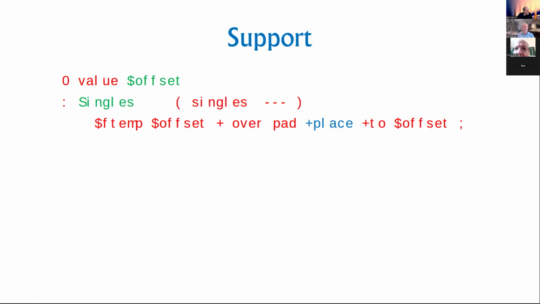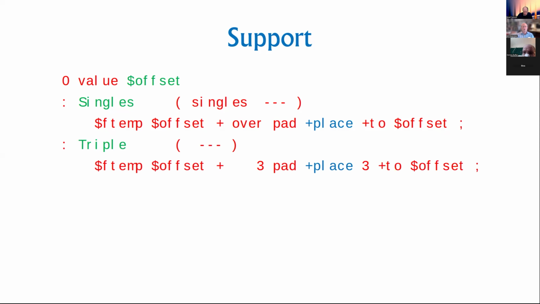And that is done by this: $F temp is the source. The offset plus is the offset to the character we're processing, and then pad plus place puts it into the output string. And then the +2 offset increments the offset. So offset scans across from left to right on our input string. And the mathematics of place takes care of the output string.